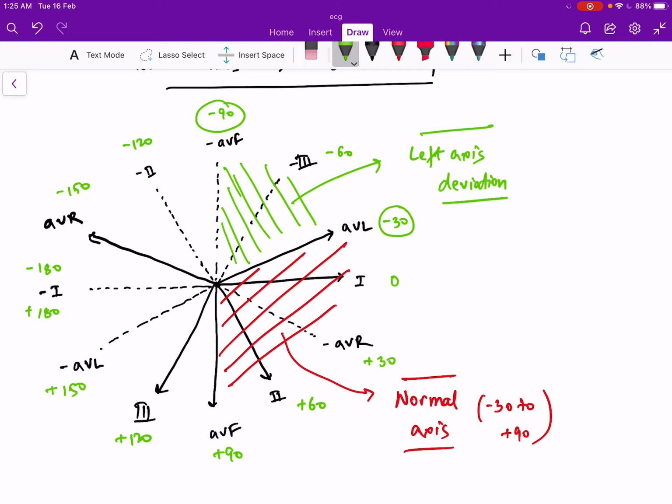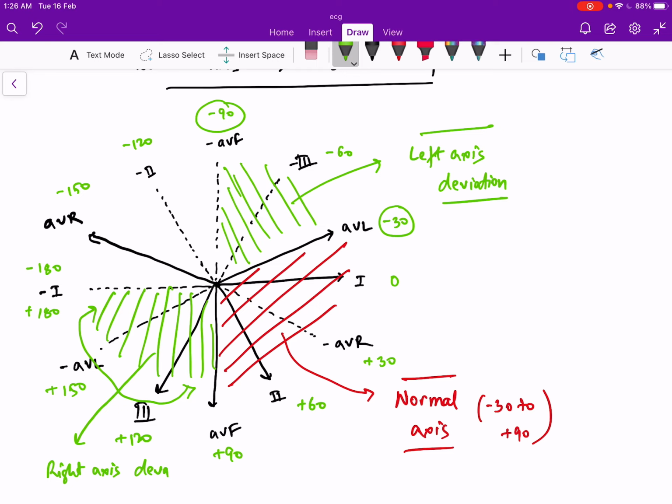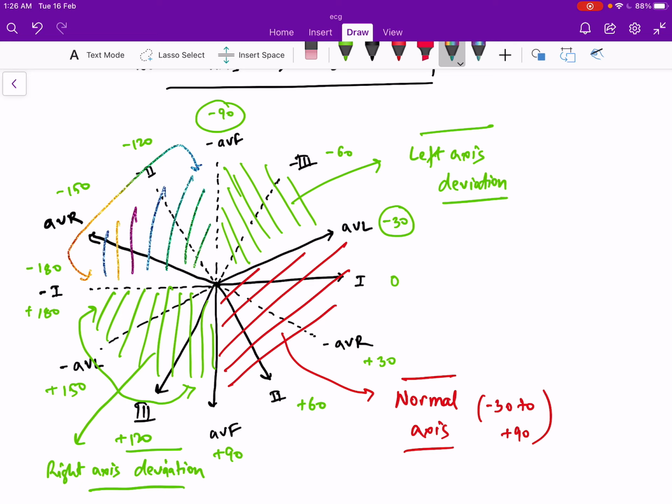If the axis lies from plus 90 to plus 180 in this direction, we call it right axis deviation. But if the axis lies in this direction, which is minus 90 to minus 180, we call it extreme axis deviation.